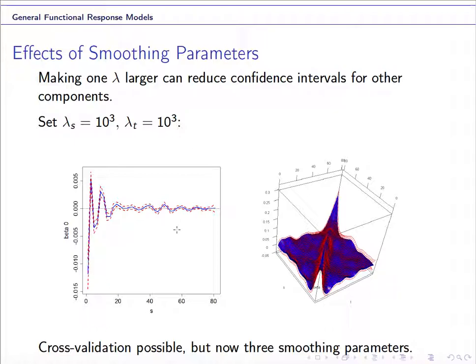You will have no information there. So therefore, we will always put a roughness penalty on the beta s of t. So here, this shows the estimation when we put the smoothing parameter on the beta s of t. Actually, for this bivariate case, the penalty will be more complicated.